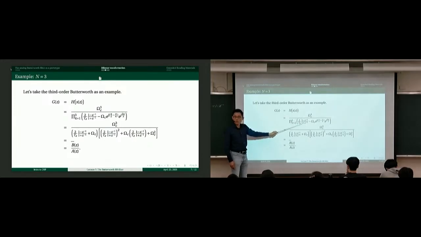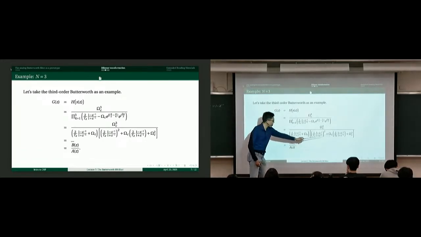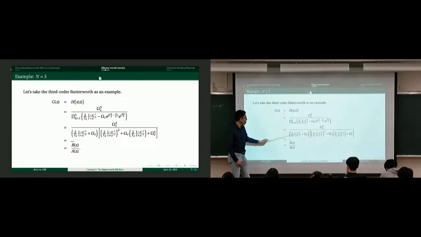Replace it with s of z. That's the only place in this formula. But when we expand the three terms, this is a second order polynomial, and this is simply s plus its first. That's where the one pole is located.